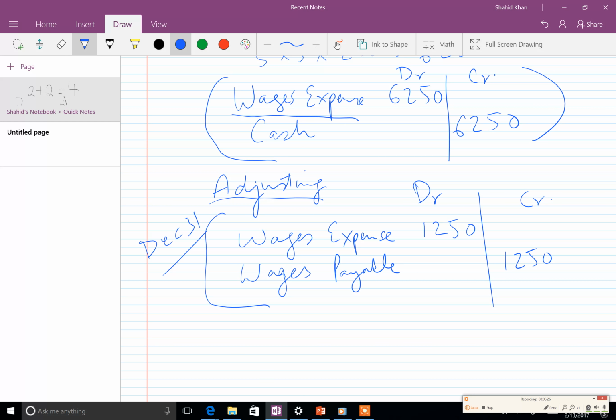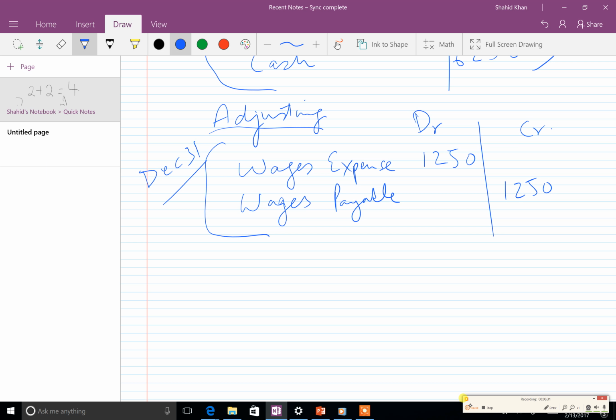But we must do this entry so that all those expenses that have been incurred in that month are fully taken care of. If we plan to make an income statement for the month of December, it will be perfect if we have this one day. If it's missing, that means our expenses are not fully recognizing all those expenses that were incurred in that month.